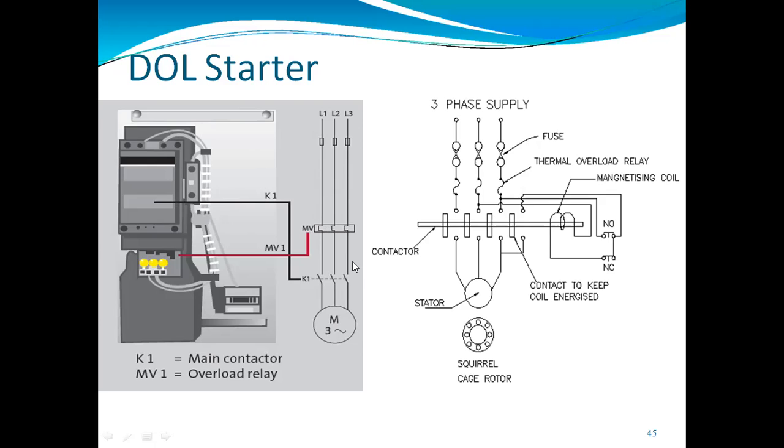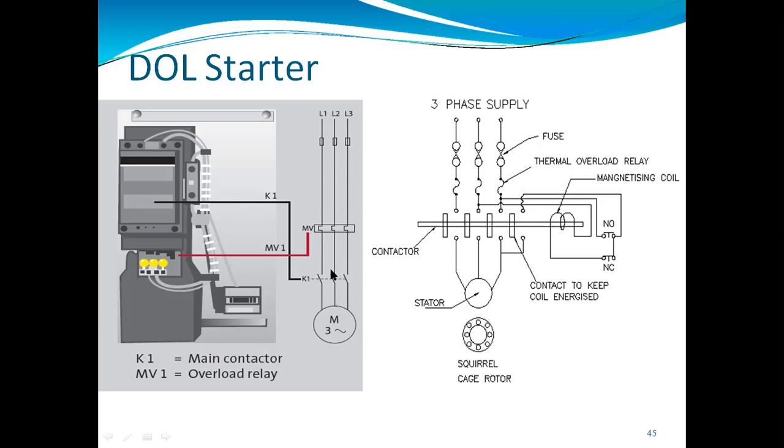So here, when we push the stop button, that switch will become open and it will de-energize the contactor, and it will disconnect all three phases to the induction motor.